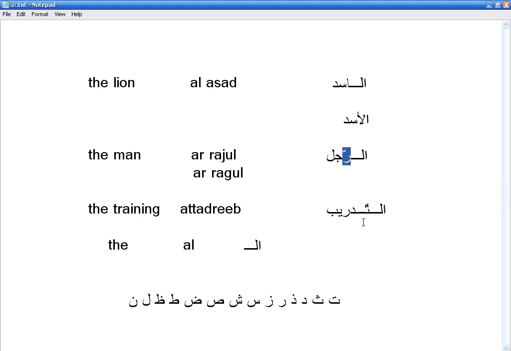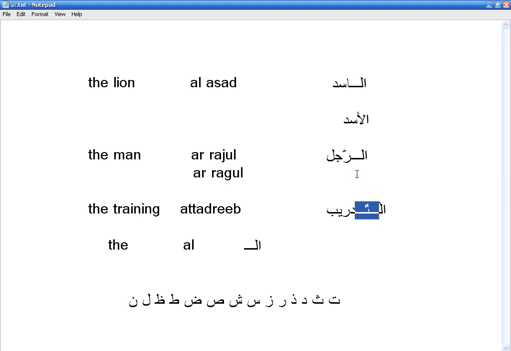If you focused, you'll notice that the sign which is right above it is here, and just as it's here also. This sign, like a fork, is above that letter and above that letter as well, because it indicates that this letter has been doubled. Right here this letter has been doubled, and right here this letter also has been doubled.